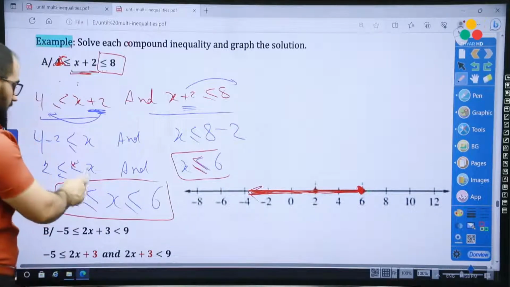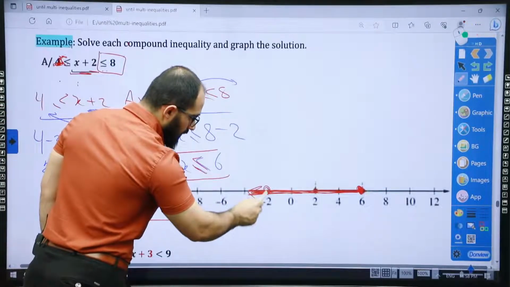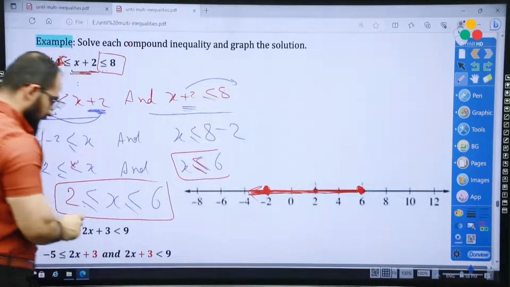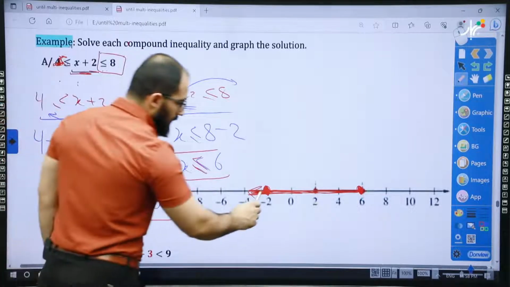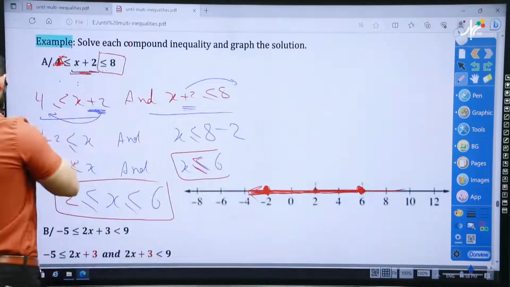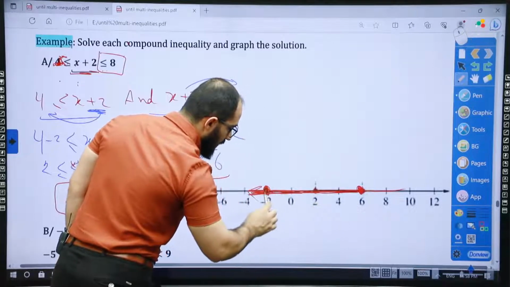Then the other part, x is greater than or equal to 2. Mark 2 and fill the circle because there is equal, and the solution goes to the right side. If you notice the graph, we can see that this is our graph.